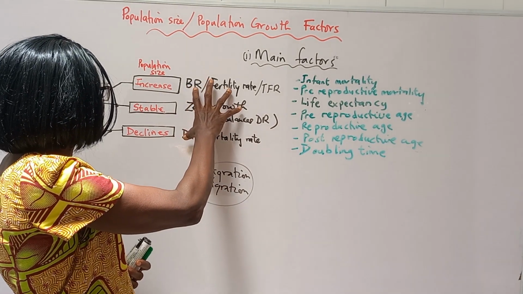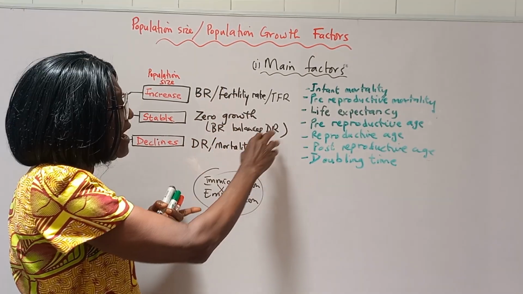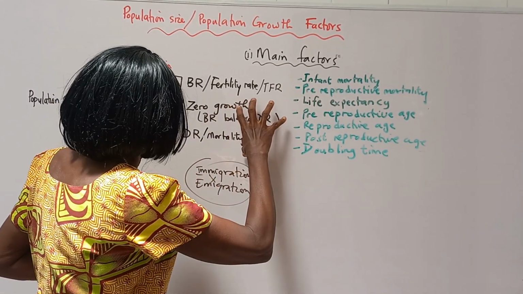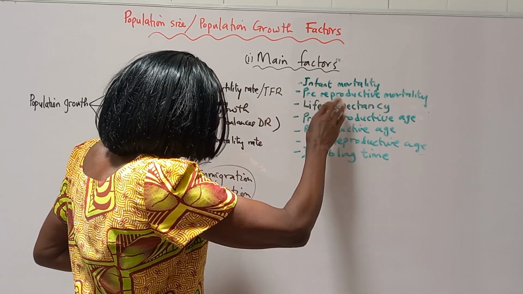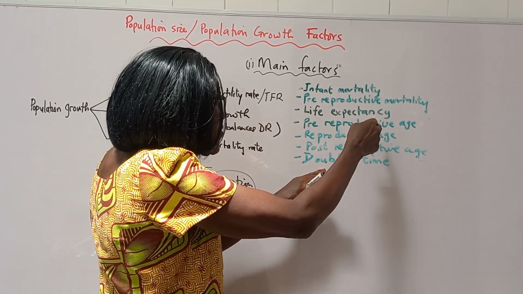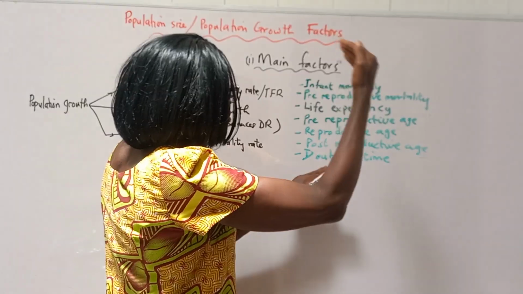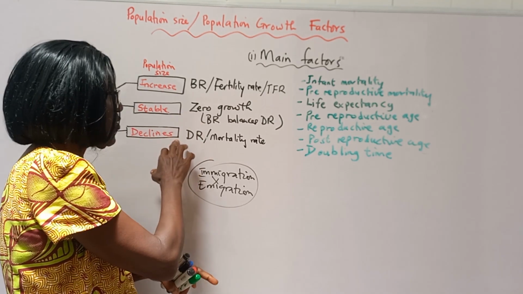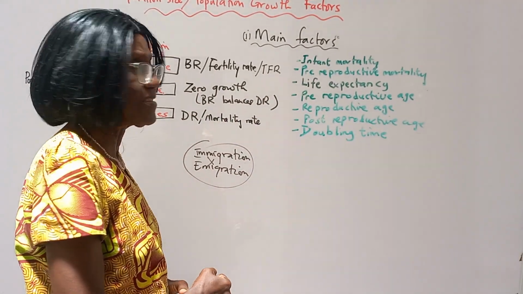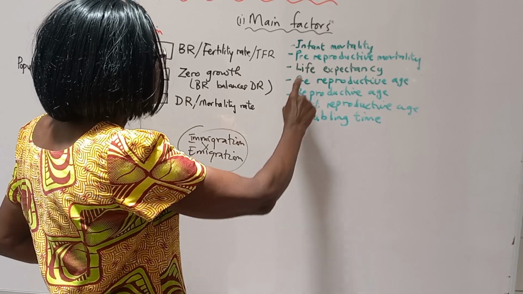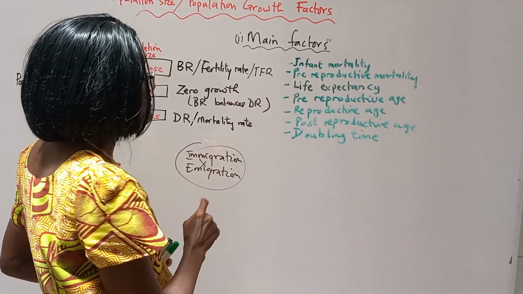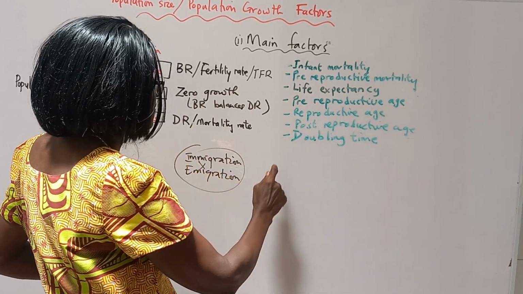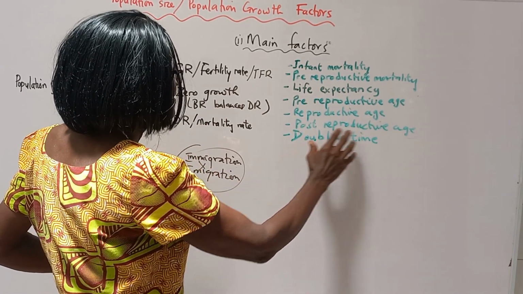Well, these factors, birth rate and death rate, also have other factors associated with them, that when they are taken into consideration, we get the real increase, stability or decline. So these are the other factors. You have infant mortality, pre-reproductive mortality, life expectancy, pre-reproductive age, reproductive age, post-reproductive age, doubling time.